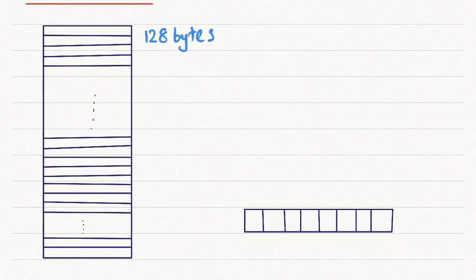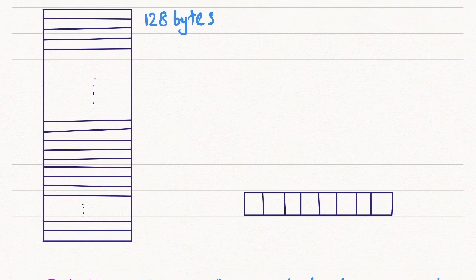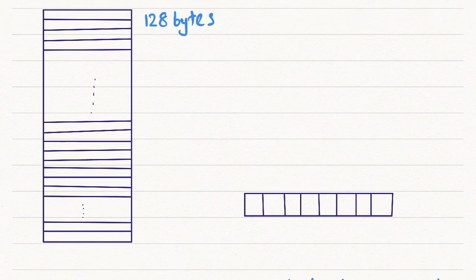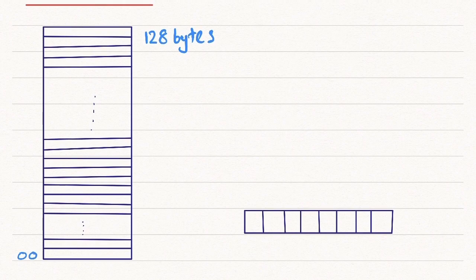I am showing this internal memory here. This 128 bytes of memory spans from the base address 00 to 7F, which gives rise to 128 bytes of memory.